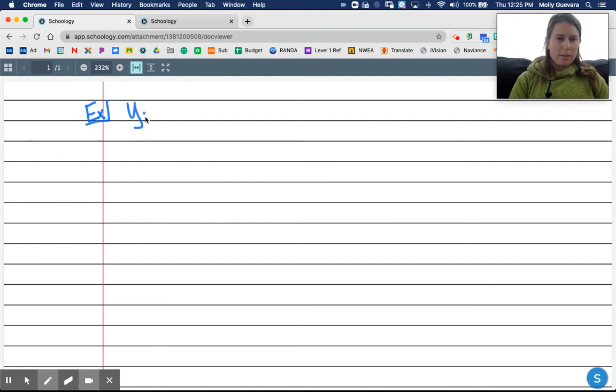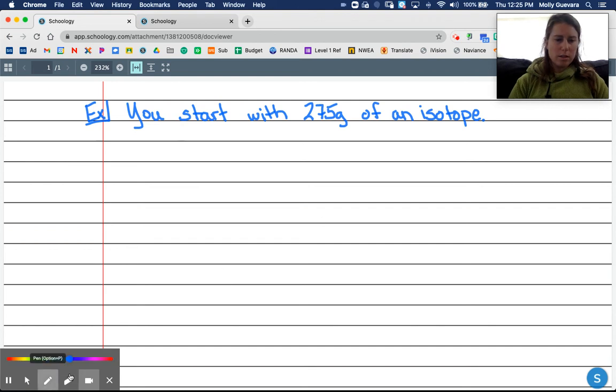All right, so here we have, you start with 275 grams of an isotope. So I don't know what the isotope is. It doesn't really matter. And this isotope doubles.